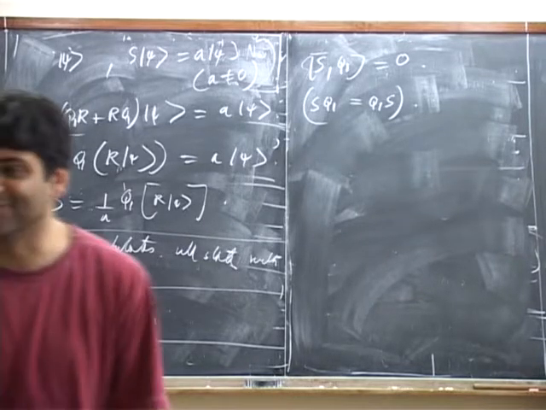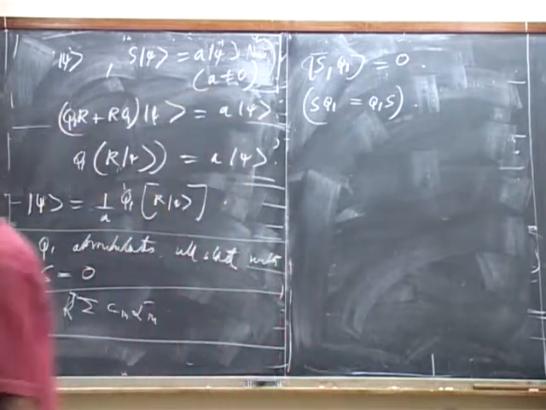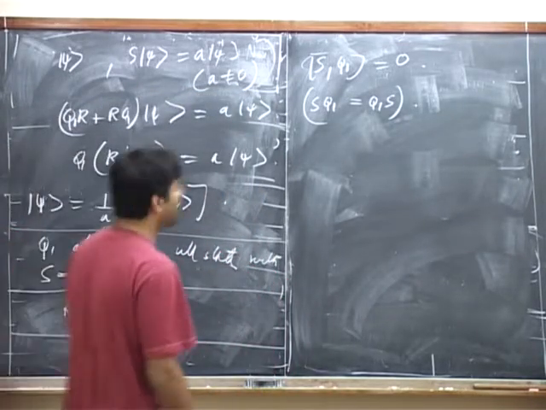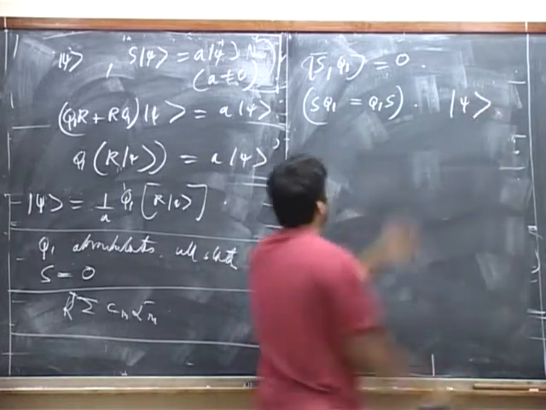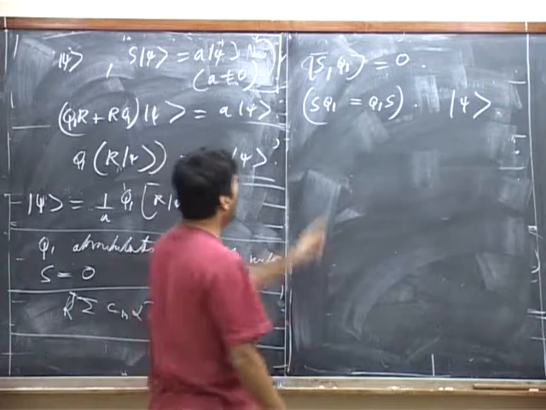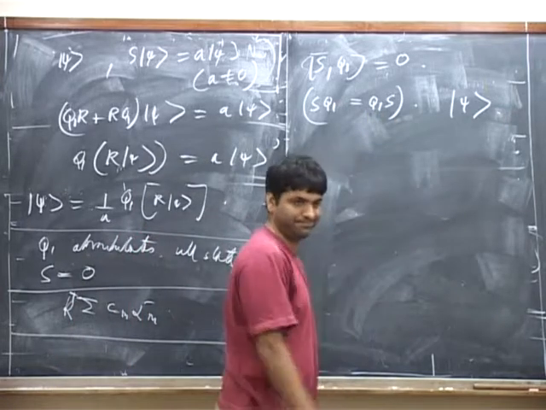That's what we want to show cannot happen. Right? There's no state that is not annihilated by Q1. So, suppose there was a state that was not annihilated by Q1 and had S equals 0. Let's say that state is psi. Okay? So, let's act with Q1S on psi.